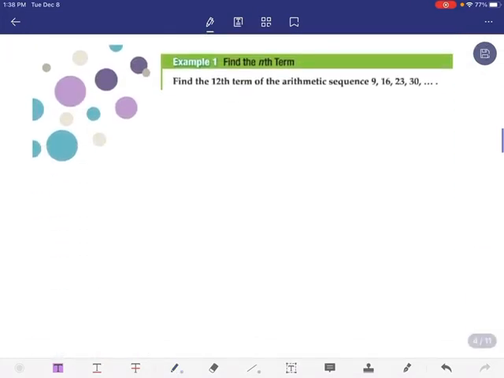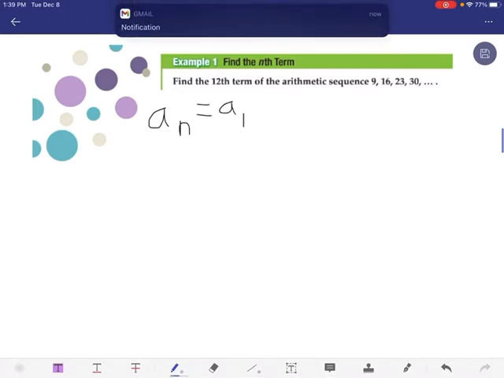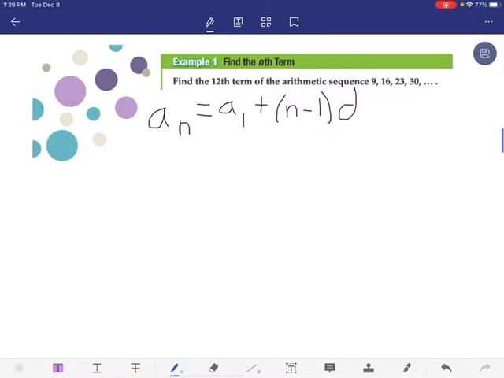So let's look at an example. It says, find the 12th term of the arithmetic sequence 9, 16, 23, 30. So first, let's just write out our formula. So a sub n equals a sub 1 plus n minus 1 times d.